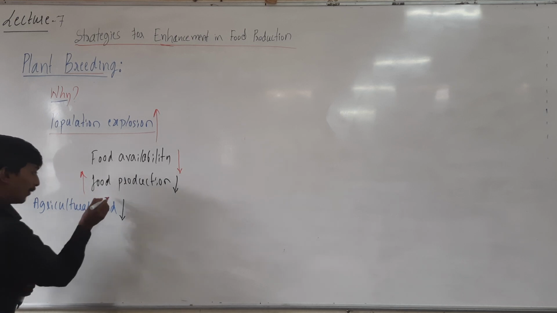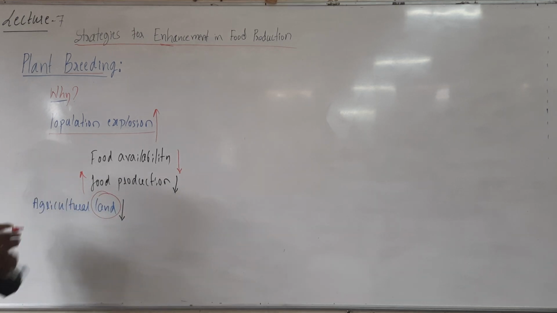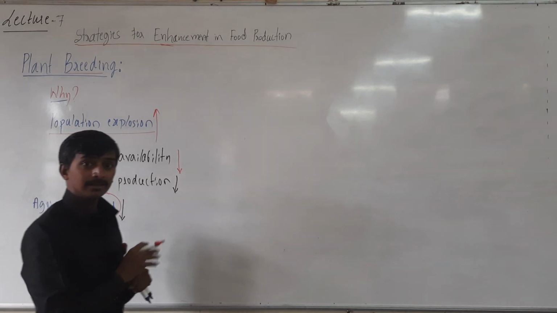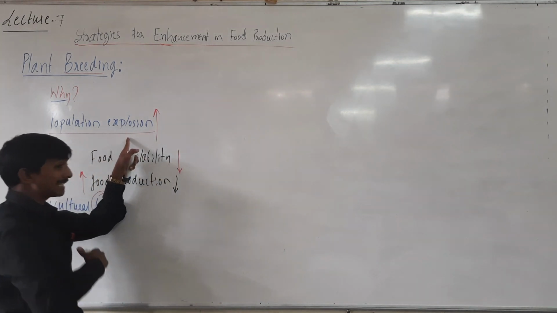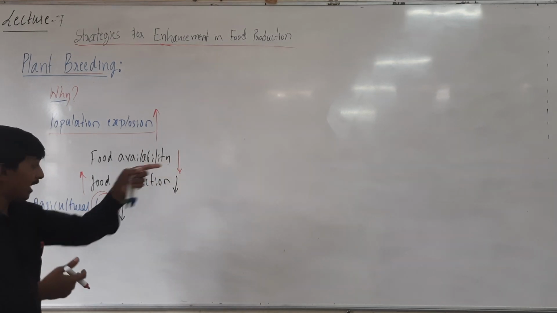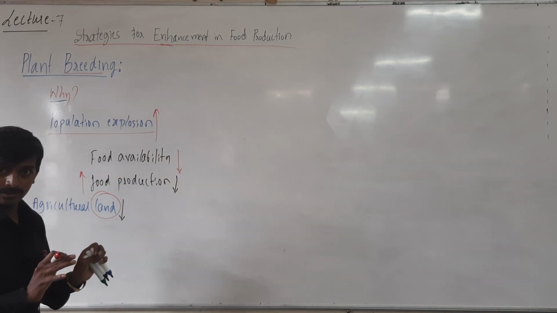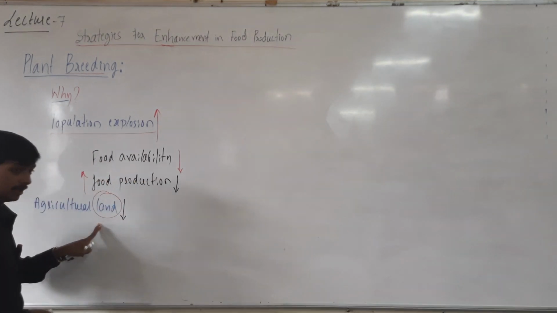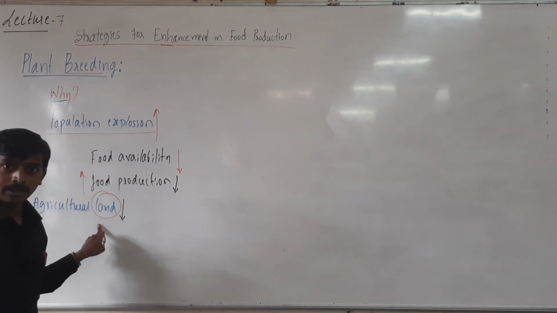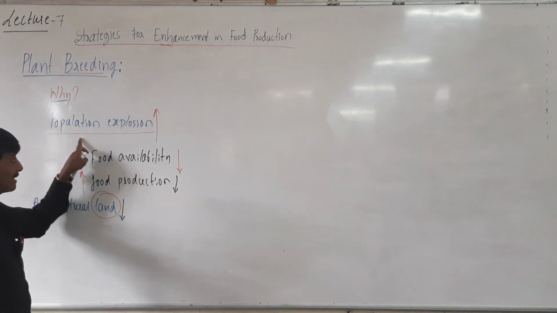So now the task is to increase food production with the available amount of land. Imagine I have 10,000 hectares of land, but the population is increasing. But land will not increase. Land is decreasing day by day. Land is of the same quantity, but population is increasing.